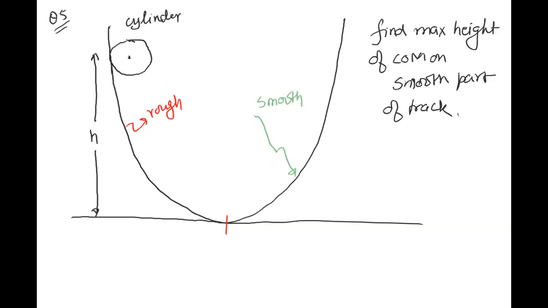But the moment it crosses over to the smooth side, friction disappears, therefore torque disappears. Therefore now no rotational kinetic energy change can take place. That is what I am trying to show you here.